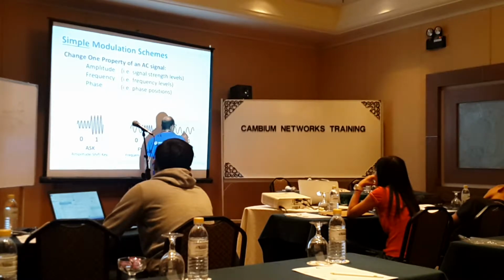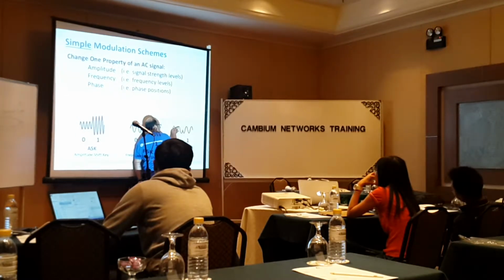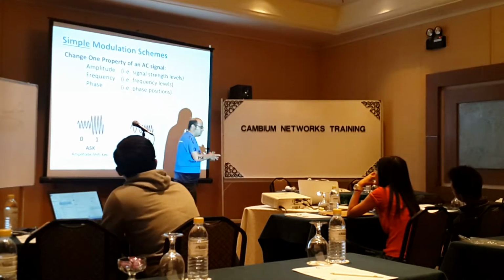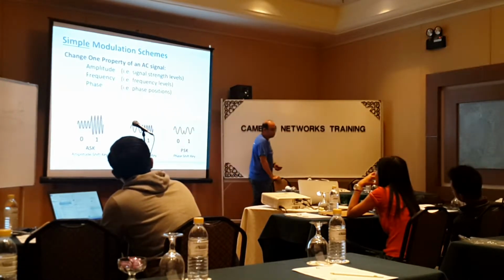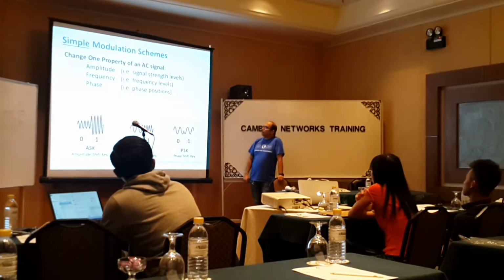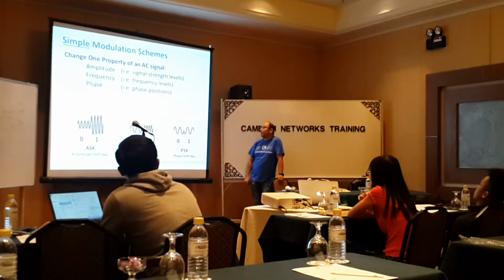Then you can connect them together. Like this, you cannot transmit this signal. You need to change the phase of this one to be able to attach them and continuously send them. Amplitude is signal strength level, frequency is frequency levels, phase is phase positions.